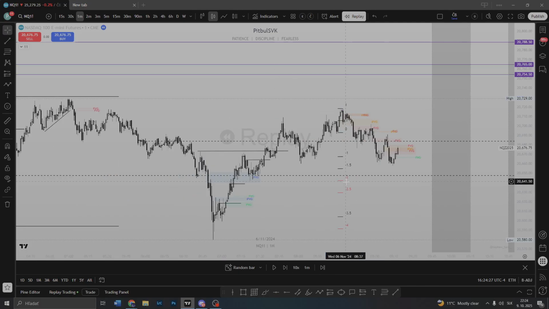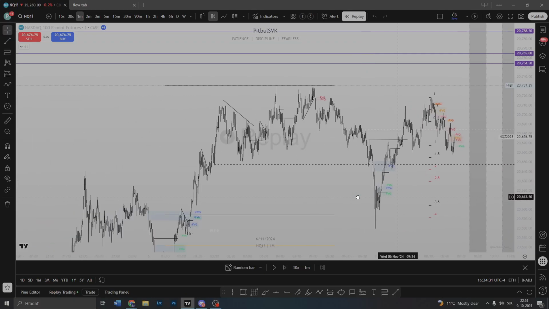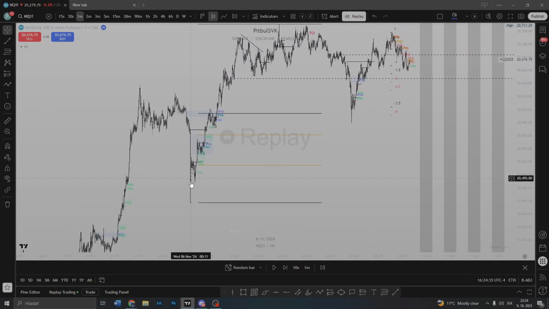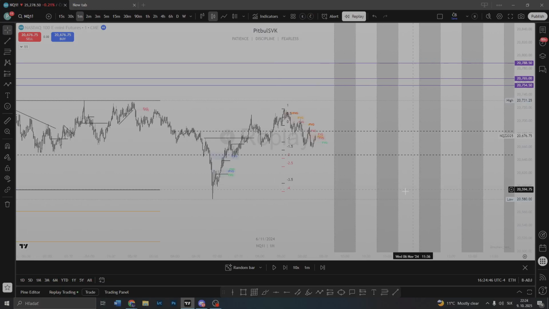SD minus 2 take, basically that swing of 722. Okay. Higher picture, rebalance. Okay.